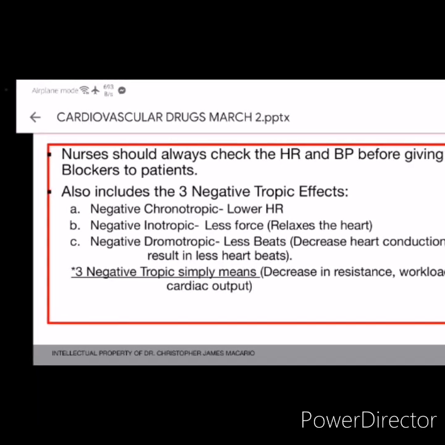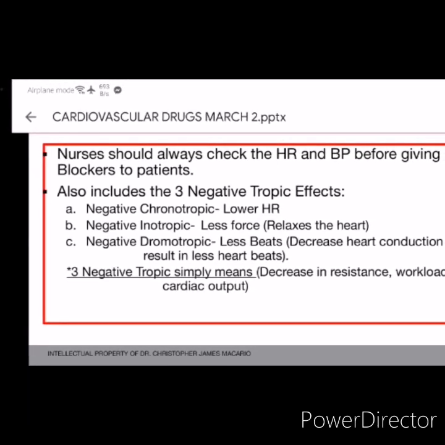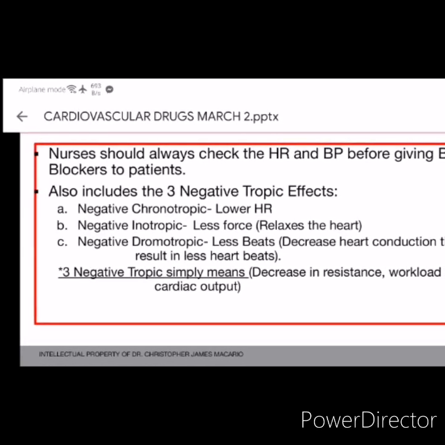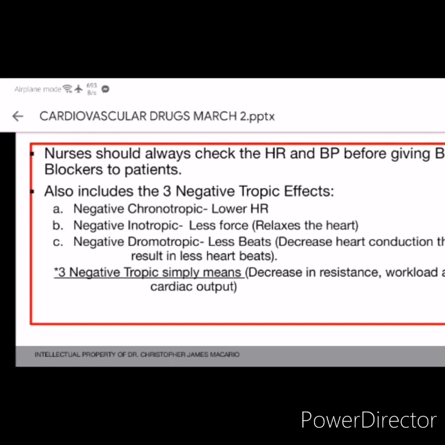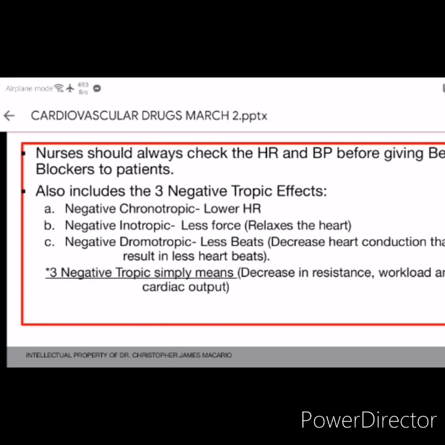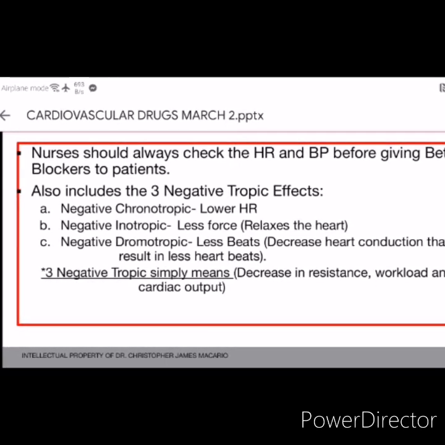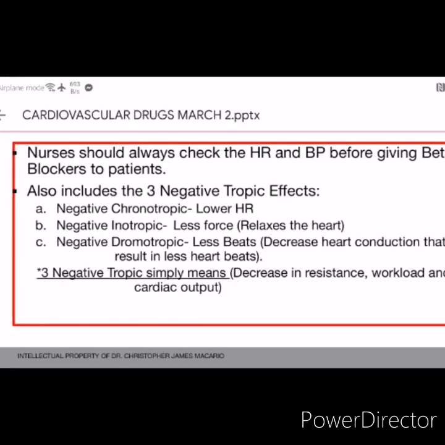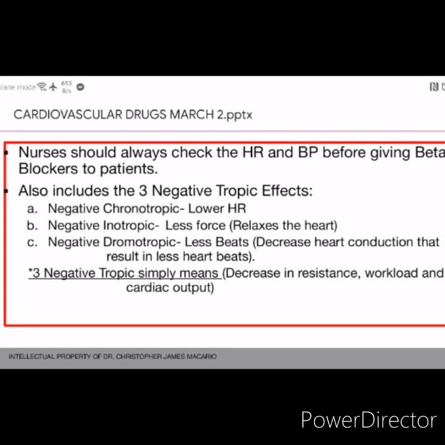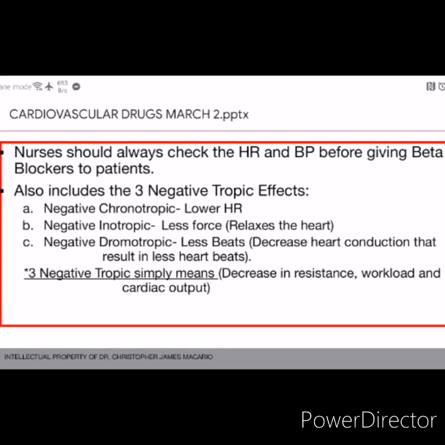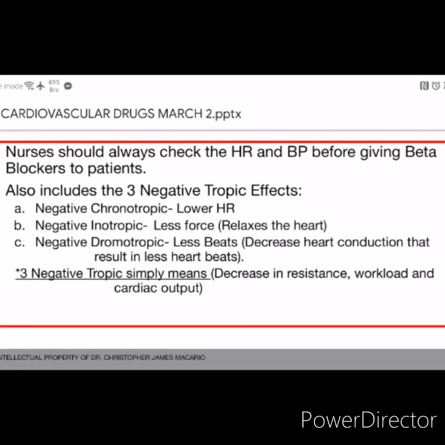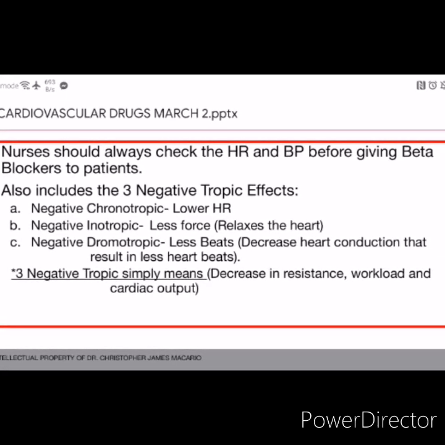Nurses should always check the heart rate and BP before giving beta blockers to patients. I will repeat. Nurses should always check the heart rate and the BP before giving your beta blockers to your patients. Why? Because it includes the three negative tropic effects. The first one is negative chronotropic, or negative chrono, because it lowers the heart rate.